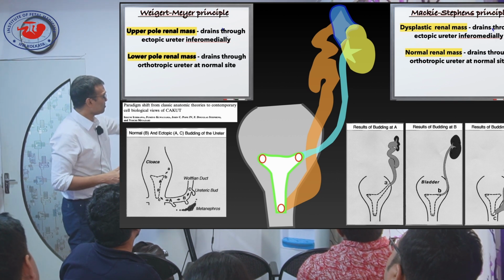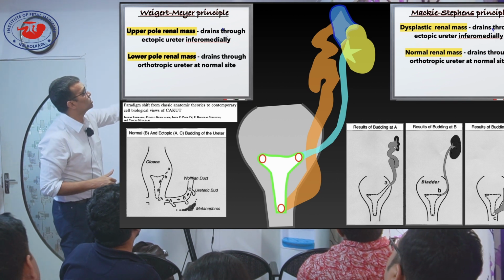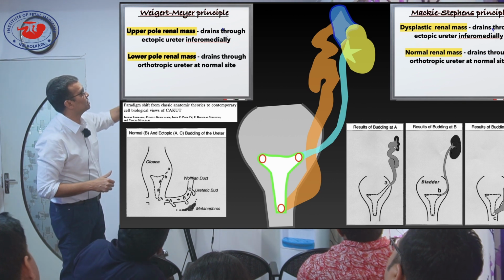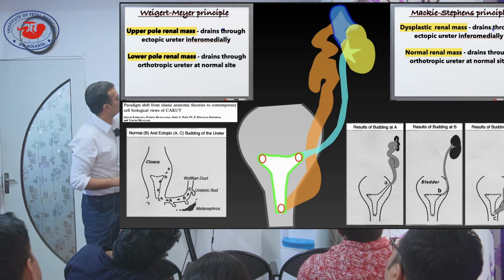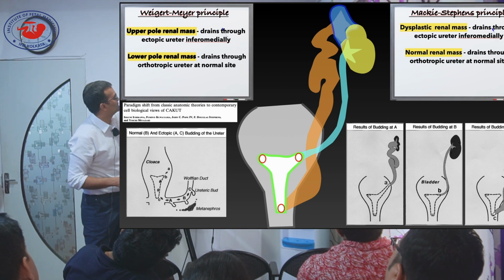And why is this important? Because of the Mackie-Stephens principle. What it says is that your ureteric bud can be at the level of A, B or C. This is the normal ureteric bud, normal level B, at the trigone, and at this point there will be a maximum number of metanephros.